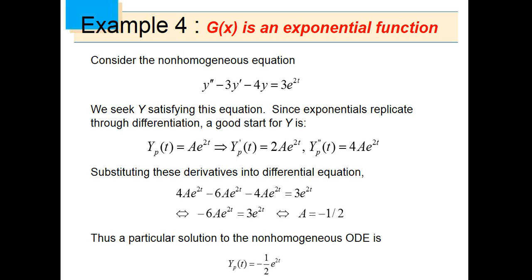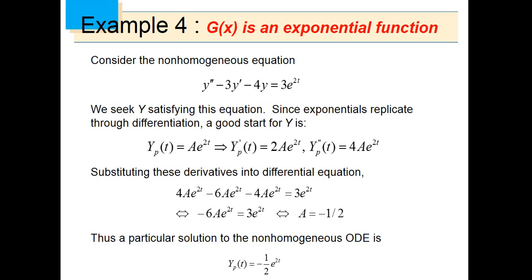So this negative 1/2 now will replace the a here in the form which you have originally written for your particular solution. Again, notice that your independent variable is t, so you don't use x but rather t when you write your solution. So this is your particular solution.